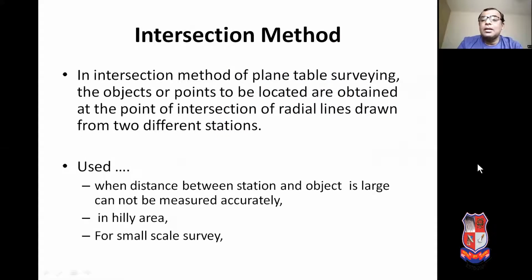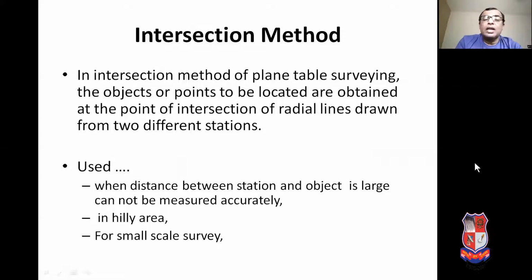Now let us discuss the second method, the method of intersection, or intersection method. In the intersection method of plane table surveying, the objects or points to be located are obtained at the points of intersection of the radial lines drawn from two different stations.